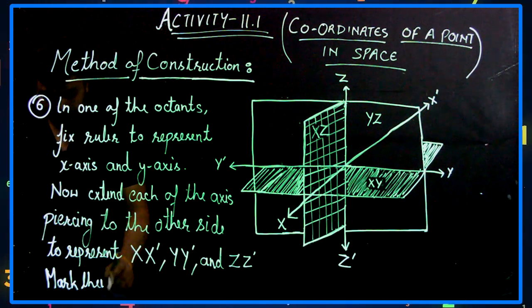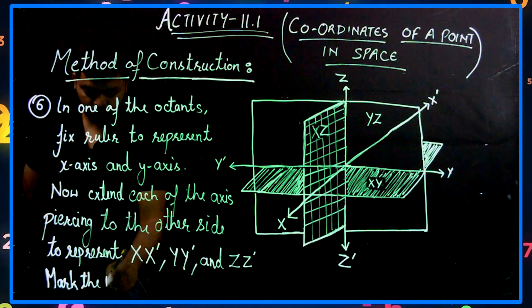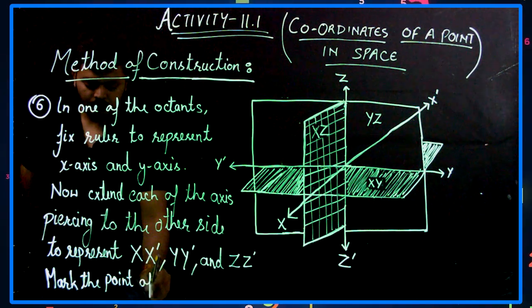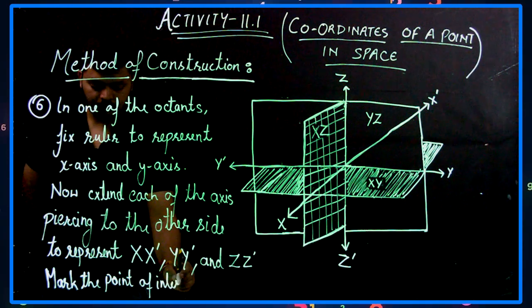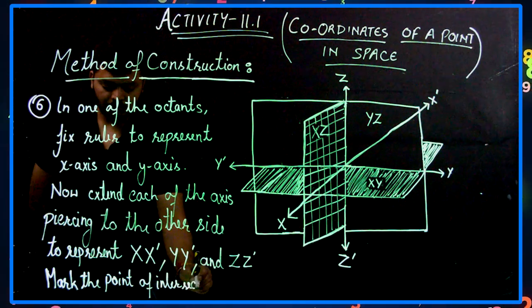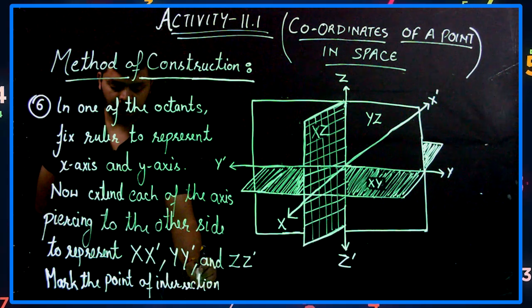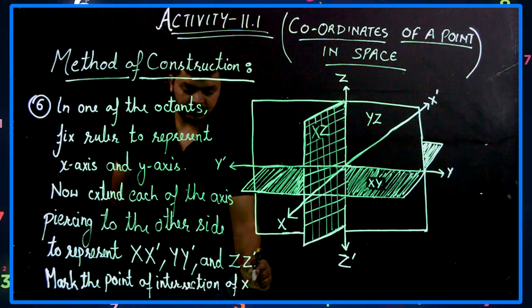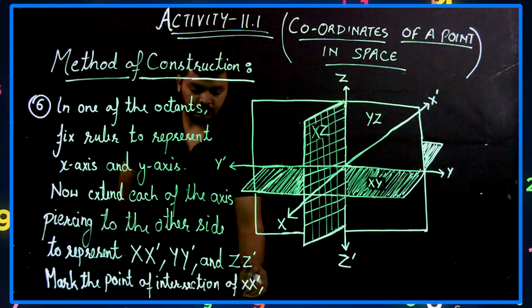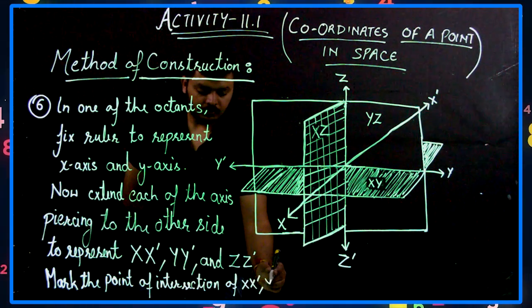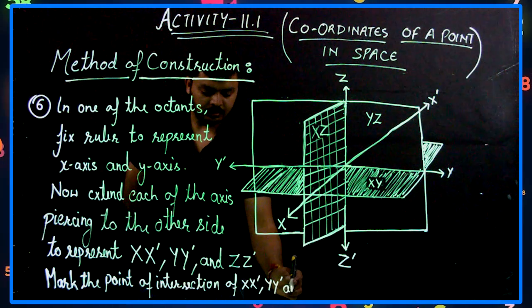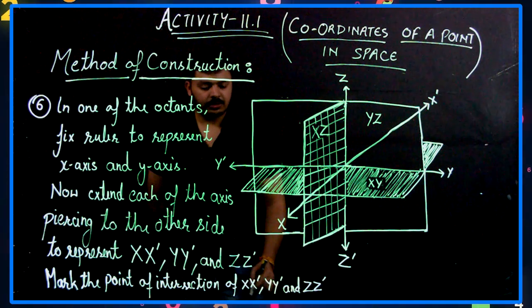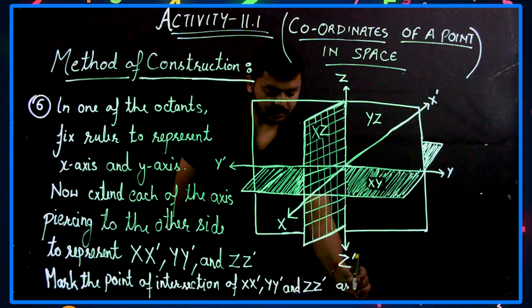Now mark the point of intersection of x dash, y dash, and z dash as the origin.